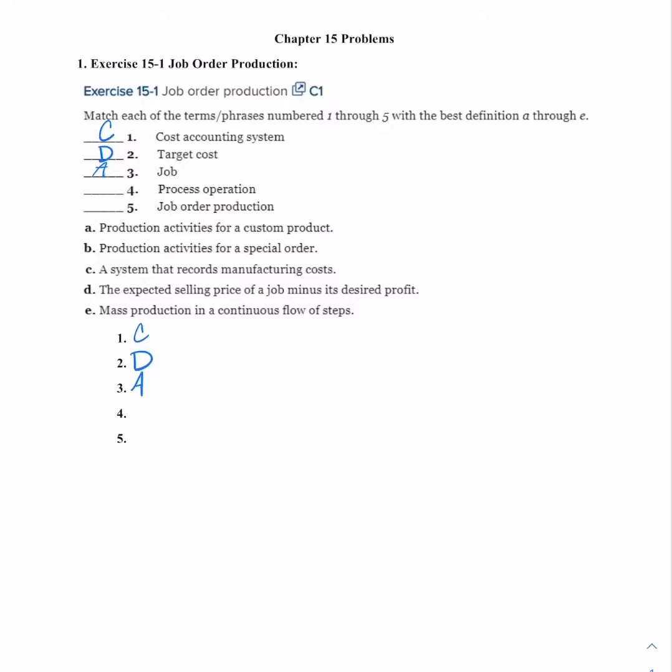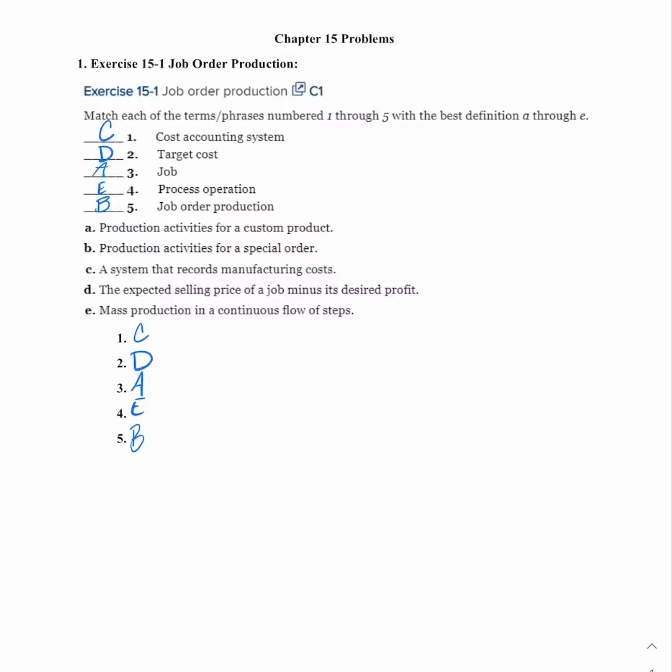So E says a production in a continuous flow of steps, and B says production activities for a special order. So a process operation is going to be more similar to letter E. This is when we're mass producing the same exact item over and over again, whereas a job order production, which is what this chapter is focused on, is going to be when we are dealing primarily with a special order, which is letter B.